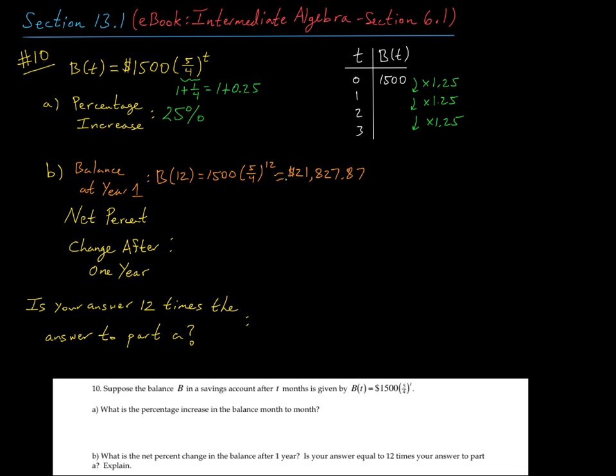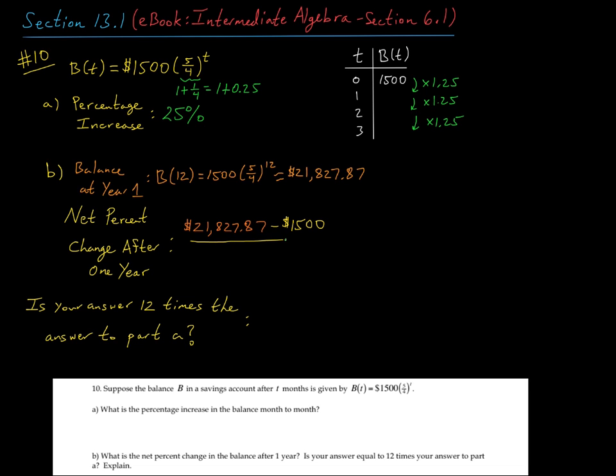Okay. So then to find the net percent change after 1 year, let's first just figure out how much did the money grow here. It went from 1,500 to $21,827.87. So I can measure the change there as 21,827.87 minus the initial amount, which is my 1,500.